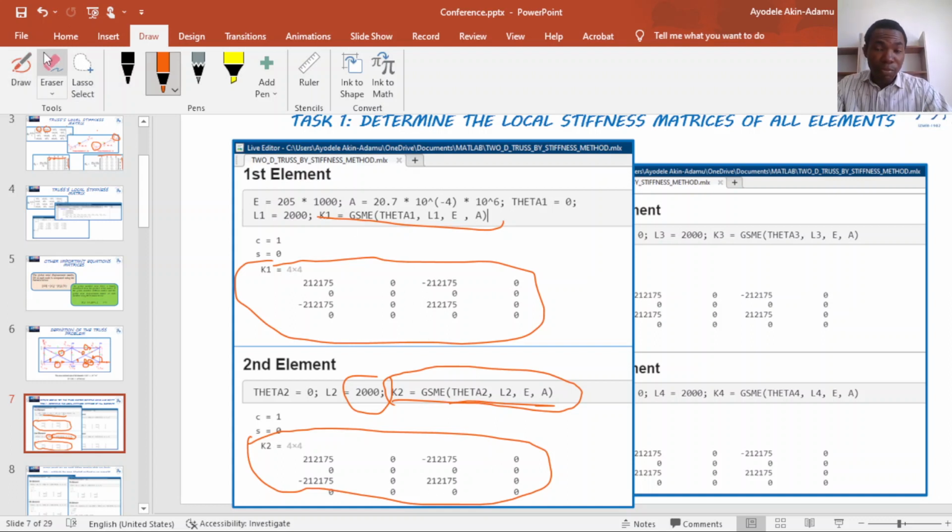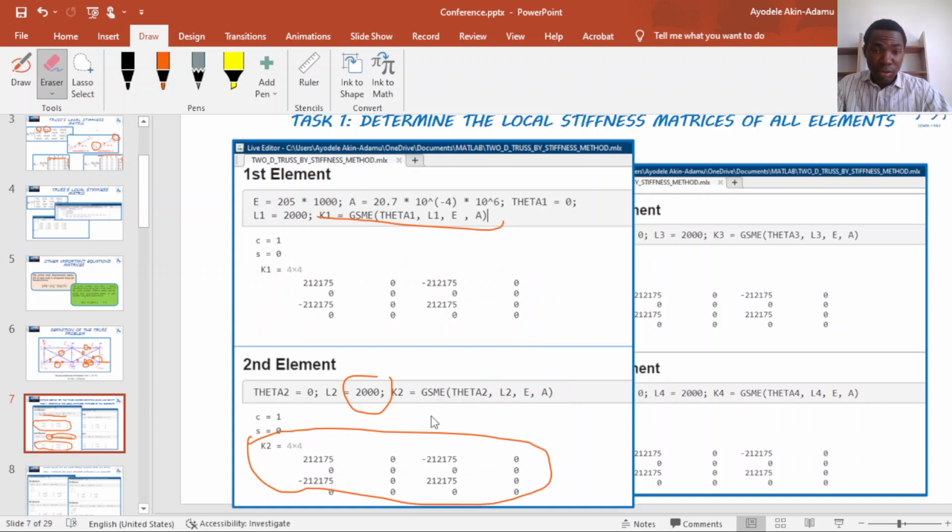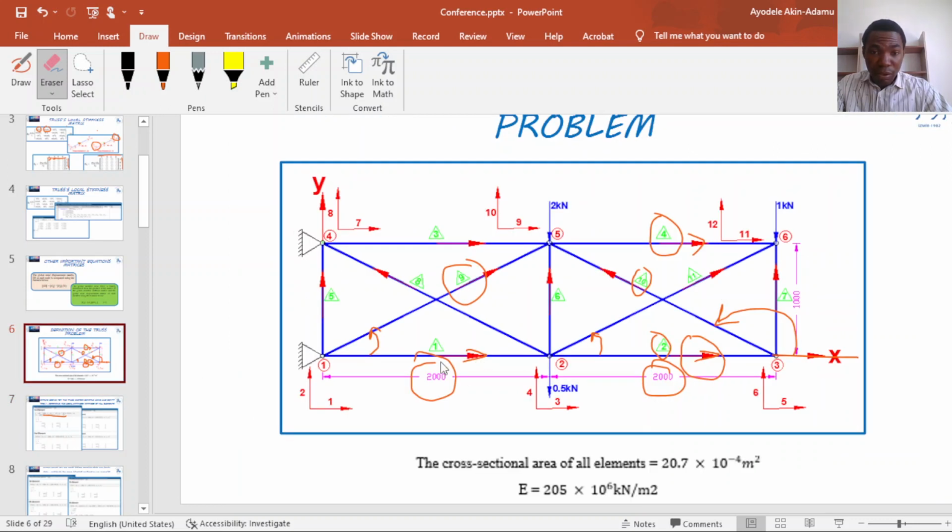One thing I want to explain before I leave here, let me use my eraser to erase all this. For this K1 matrix, because the arrow is pointing from node 1 to node 2, the numbering for the K1 matrix will be 1, 2, 3, 4 from the degrees of freedom. Element 1 has 4 degrees of freedom.